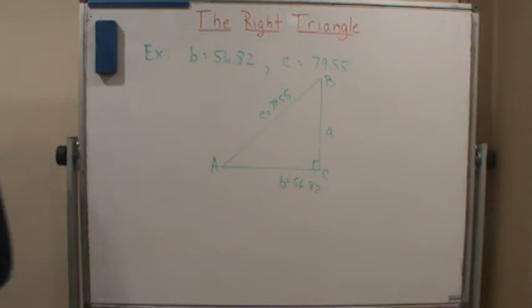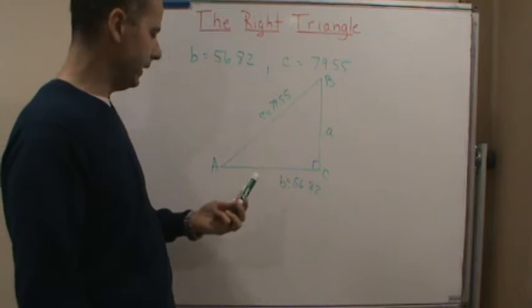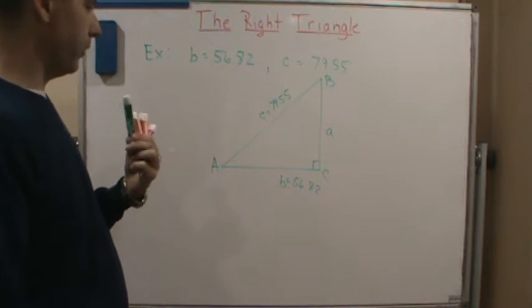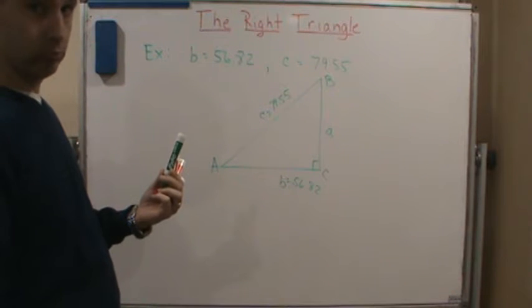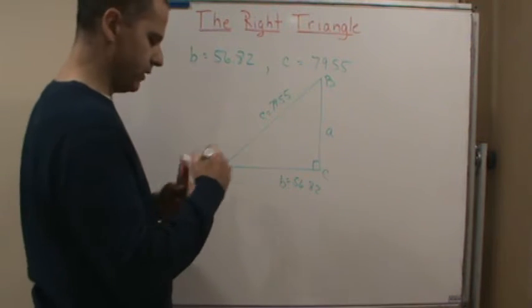let's solve. Now we're going to use the Pythagorean theorem to find the third side. That's the easiest way to do this one.